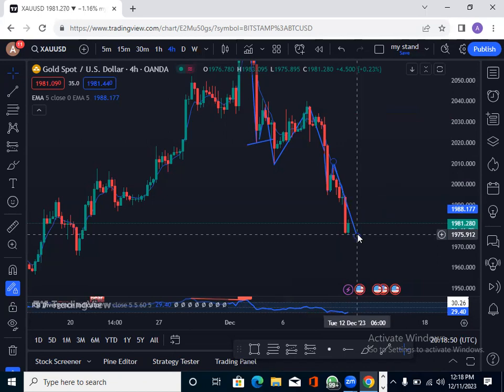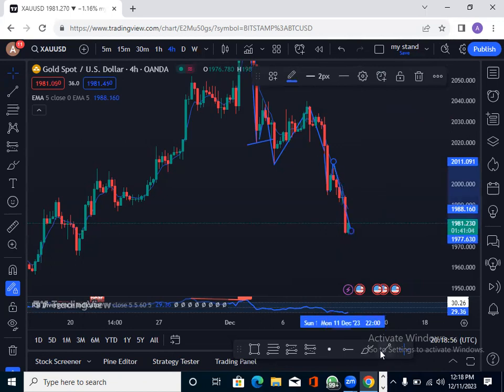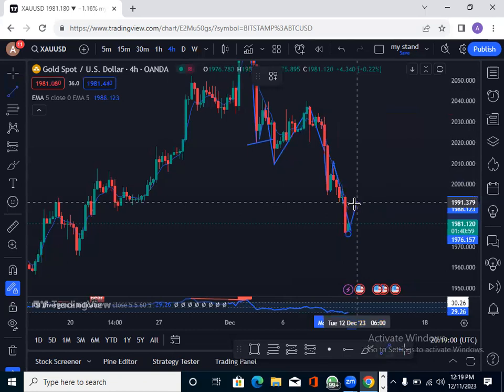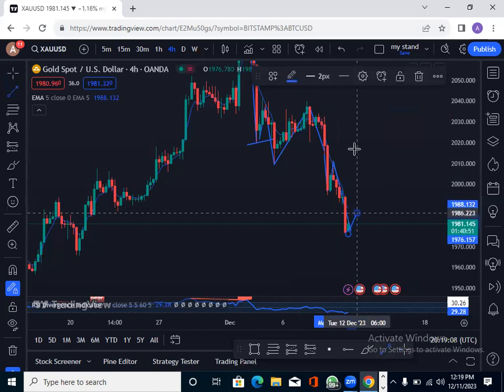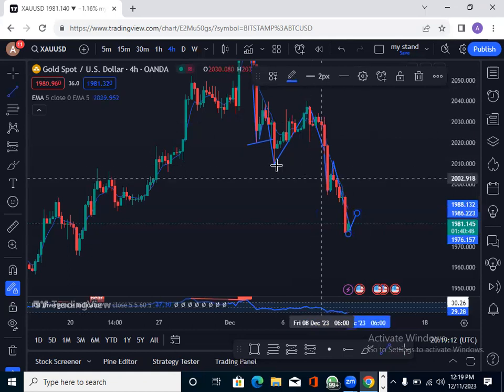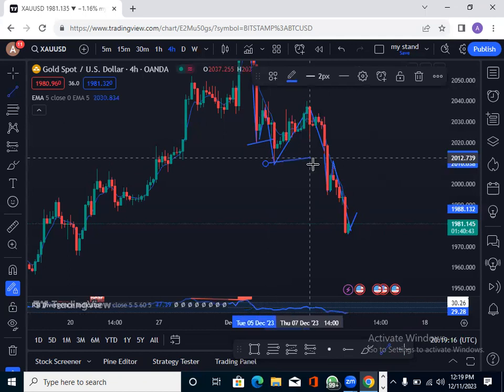We are expecting this market, remember, we are still on the downtrend right now. So we will be expecting this market to retrace back. Because how do we know where this market will get to? Look at it. Remember, when the market came down, it broke the previous low.